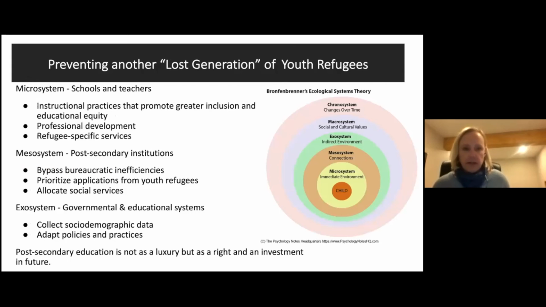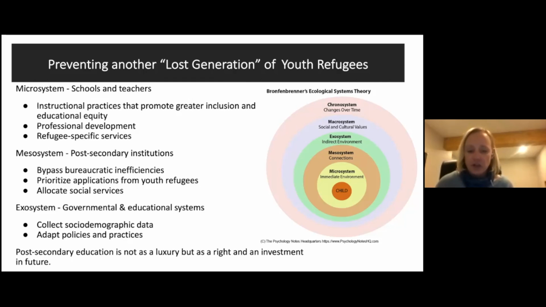So just bringing it back to our theoretical framework, Bronfenbrenner's ecological systems theory, if we want to prevent another lost generation of youth refugees, there are things that need to happen at various levels. So first, within the microsystem, that's the schools, that's the immediate environment, right?